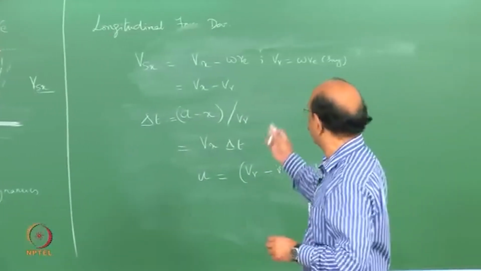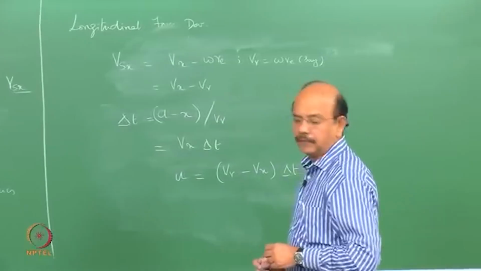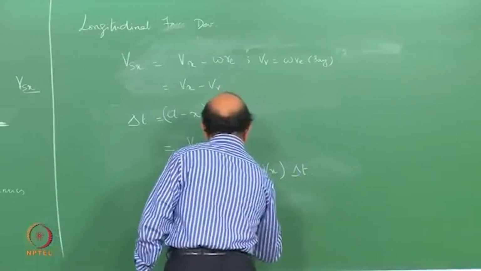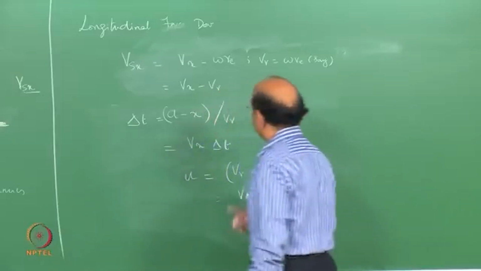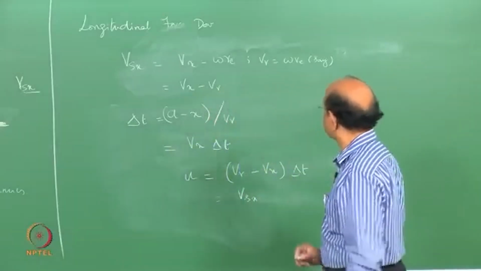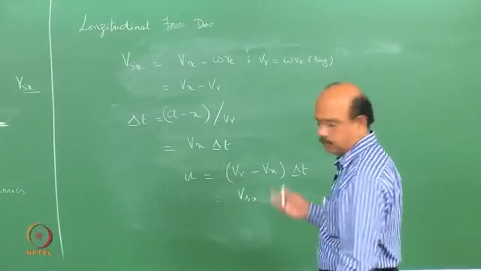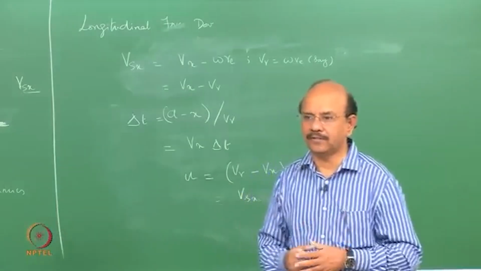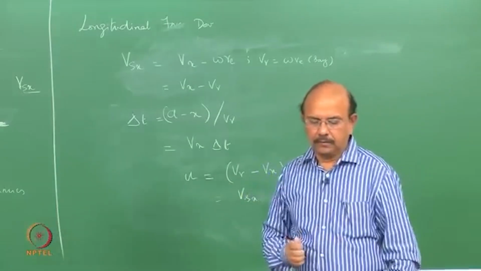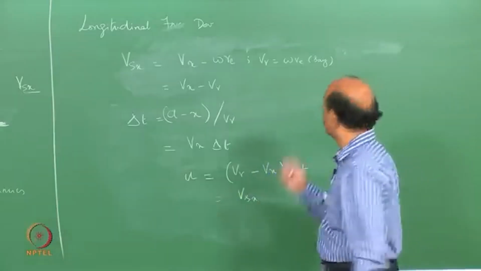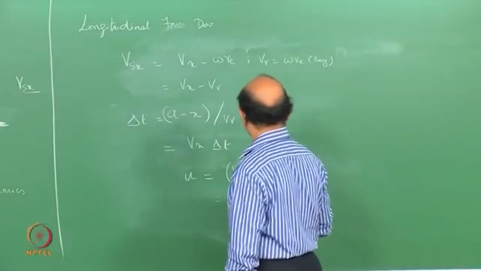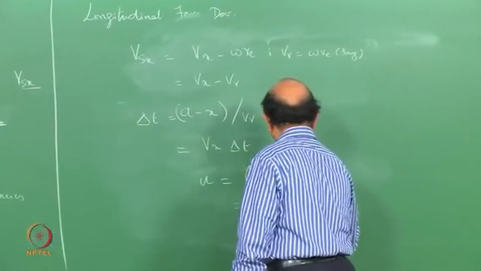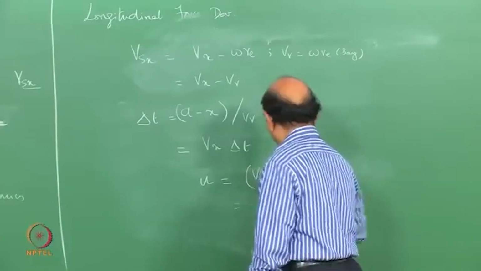Right? Substituting the expressions, I can write that to be Vsx. What is Vsx? It's nothing but Vr minus Vx, or Vx minus Vr, because it is just the difference. So let me define that as Vx minus Vr, so that's the deformation.